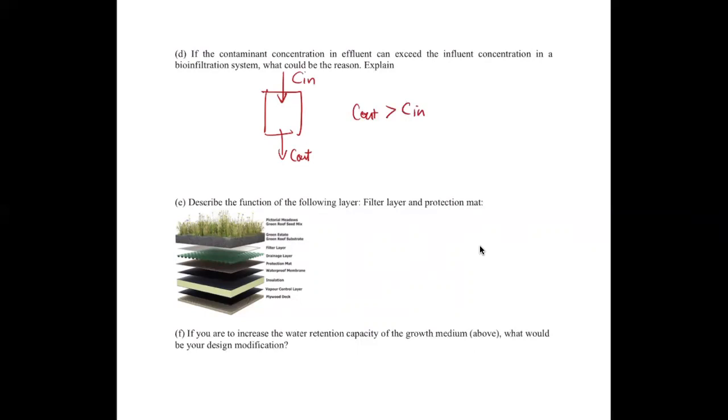That means in your mass balance there must be a source. Your biofiltration system might become a source. It happens, let's say for pathogens, if the pathogens are removed but they are growing inside, so over time, even if the stormwater coming in is clean, some of those retained contaminants can be released. It becomes a source if contaminants accumulate for so long without being degraded. So you can explain all that.